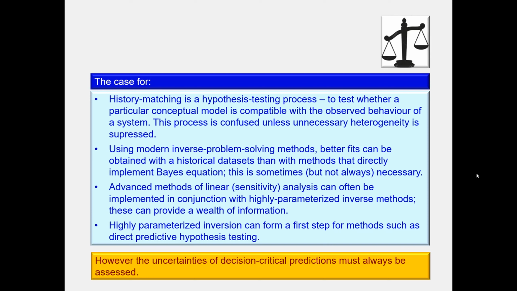Another case for traditional history matching, seeking uniqueness through calibration, is that some of the ancillary information that we get from that process, for example, parameter sensitivities, can be used to undertake linear analysis. And that linear analysis can help us quantify the uncertainties of predictions of management interest.